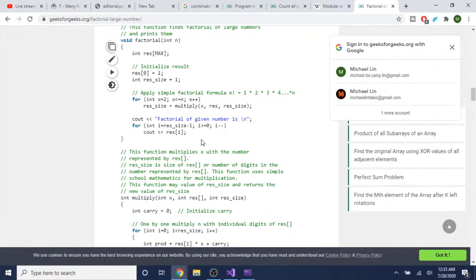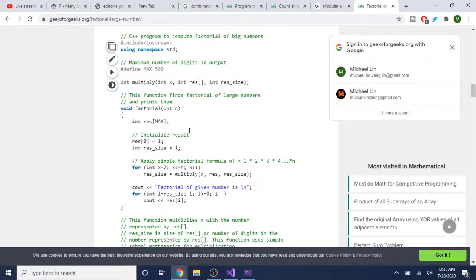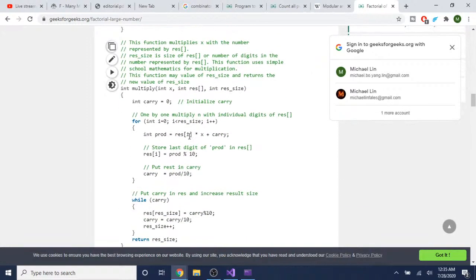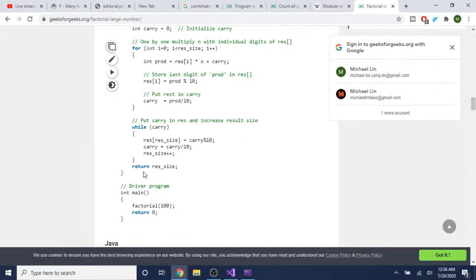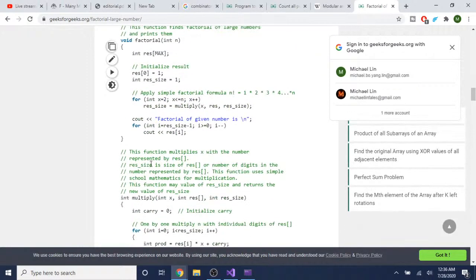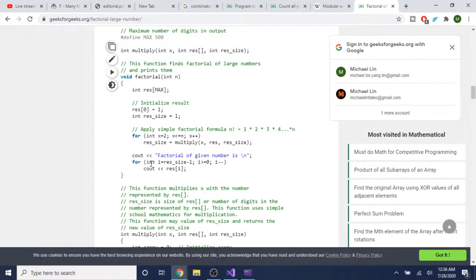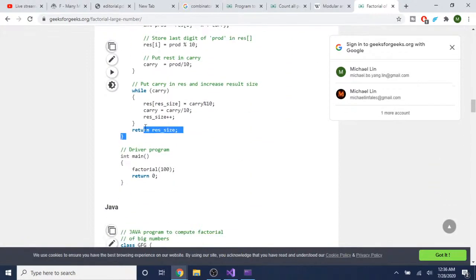Okay, we'll do that. So number of digits is max multiply. Let's see, what do you multiply? What if we just copy this? Probably could. Let's just copy this.